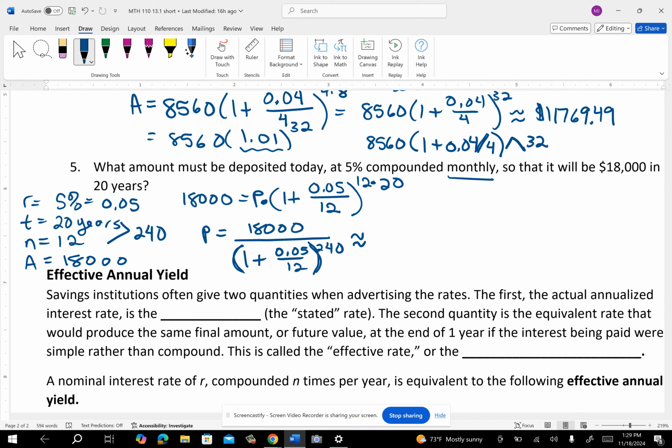And you're going to need to type in raised to the 240 power rather than raised to the 12 times 20 to be sure that it's going to do order of operations properly. Those of you with the multi-view can make it look just like that. So you've got a little bit of an advantage. All right, and then rounding off to the hundredths spot, you should get $6,635.60. Okay.